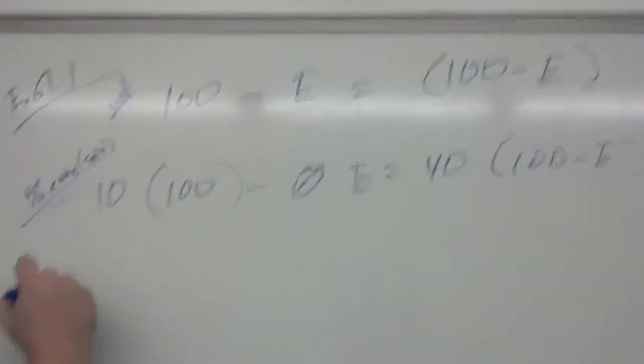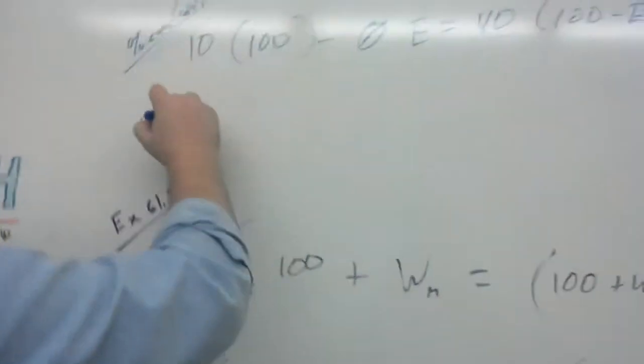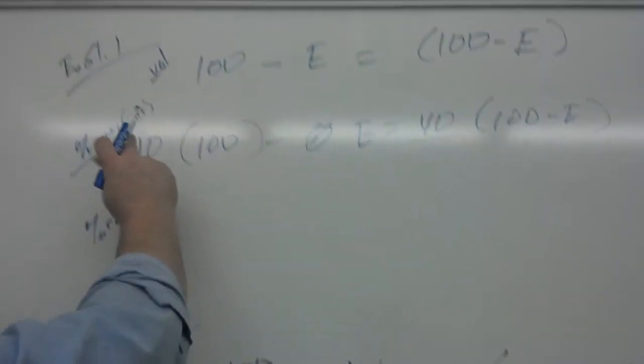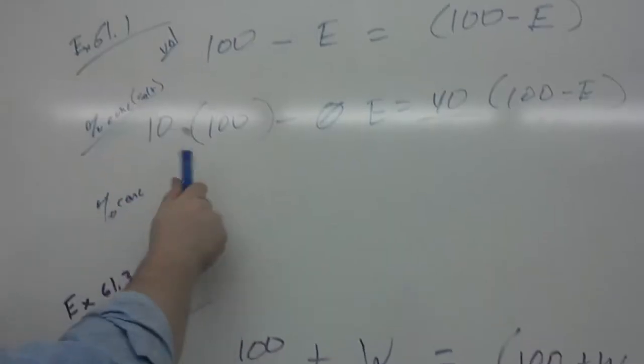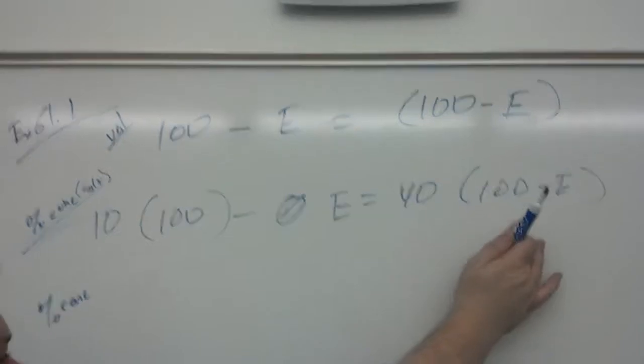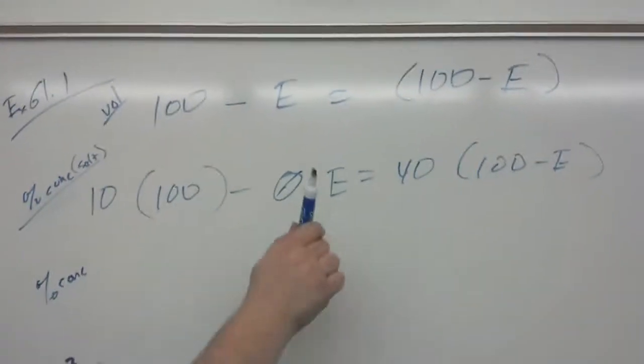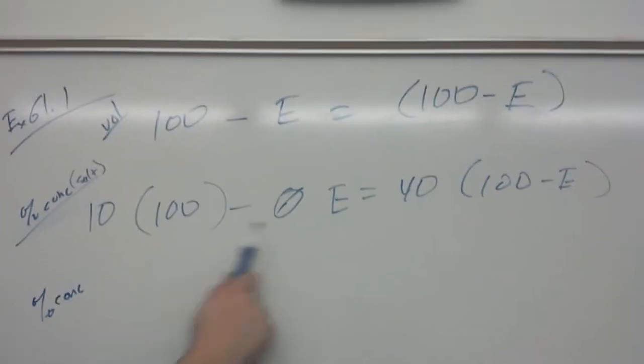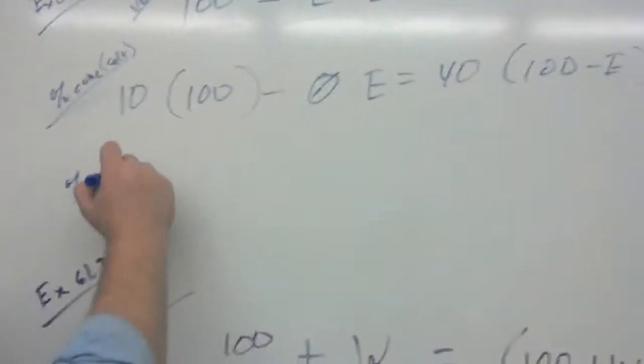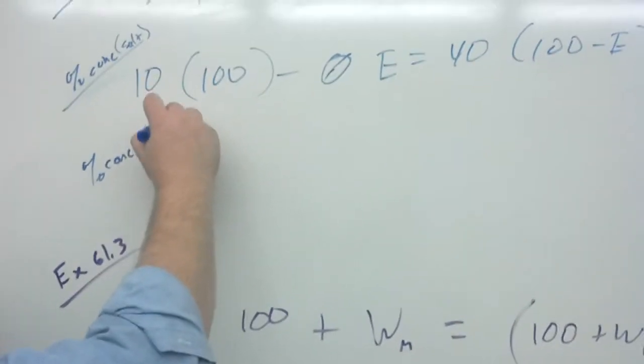Now, just because the book did this, and just to make the point, you have to be consistent all the way across. If this volume is 10% salt and this is 40% salt, whatever this volume is, you better have this percentage be the percent salt. We could do it as percent water.